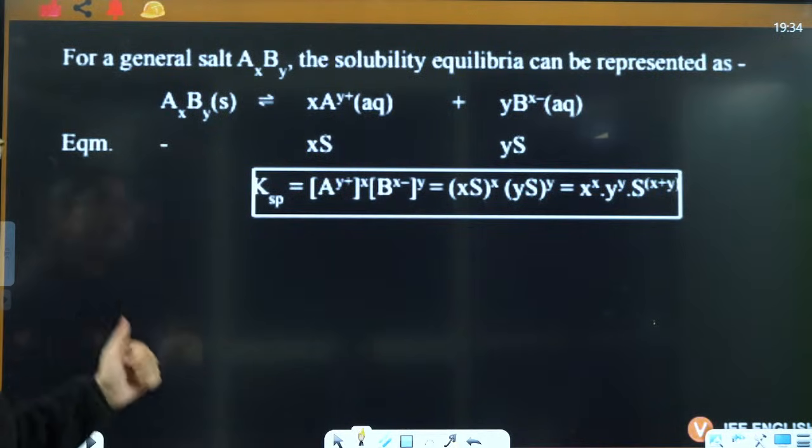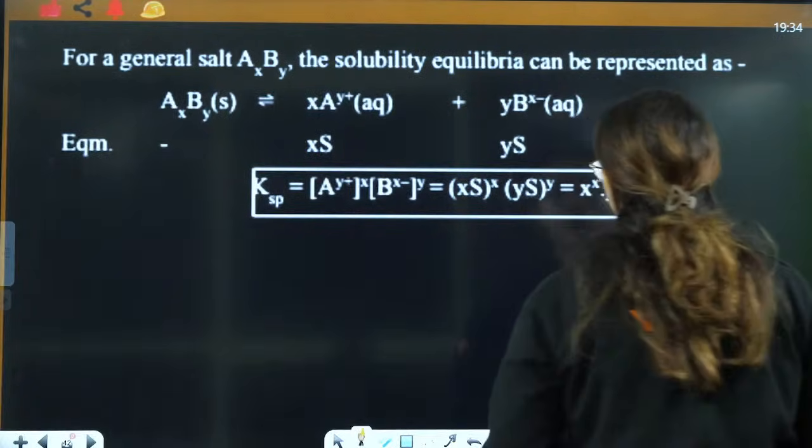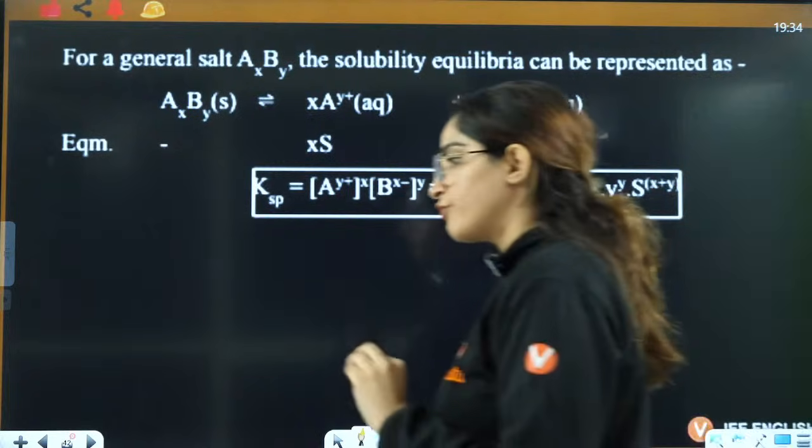Now let's see, based on solubility, how you will define the value of Ksp.